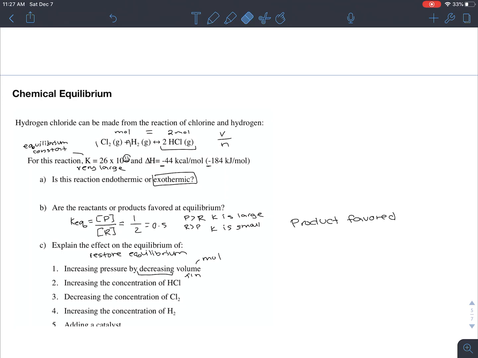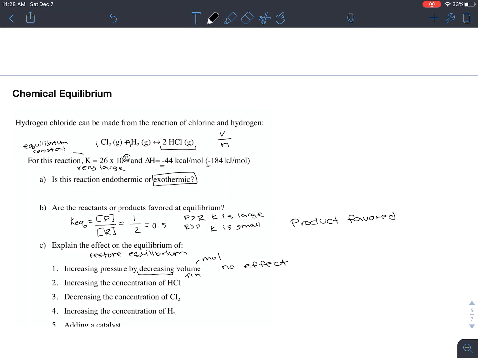What I mean by that is, let's say, for example, this was only 1, and I am decreasing my volume. Well, if I'm decreasing my volume, I'm increasing my moles. So I go towards the right. Then to fix it, it would shift towards the least amount of moles. Here, because they're equal, there's no effect.